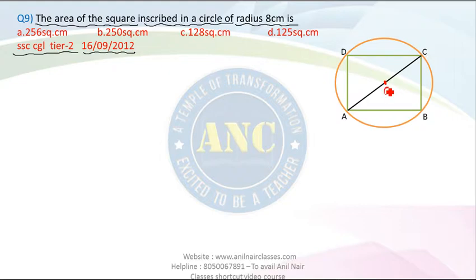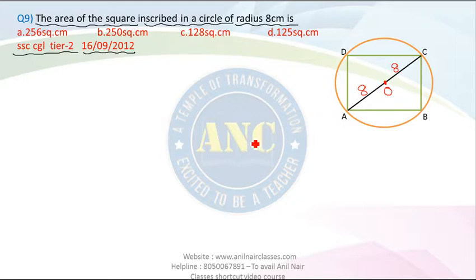That means, if I take this point O as the center of the circle, the radius is 8. That means OC is 8 centimeter. OA is also 8 centimeter. Now, AC is nothing but the diameter of a circle.